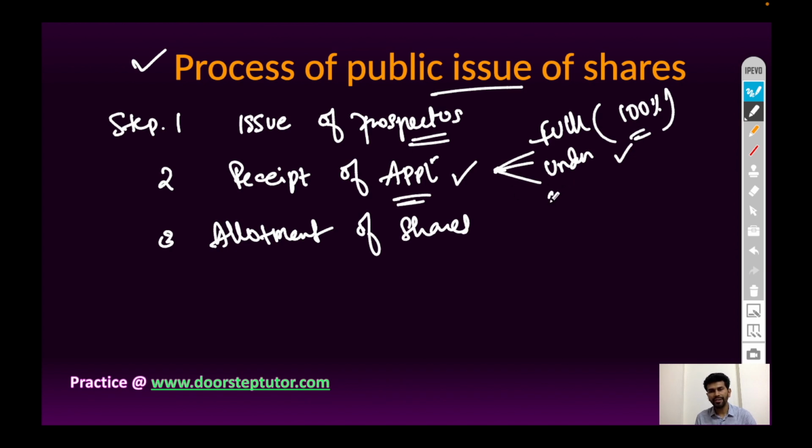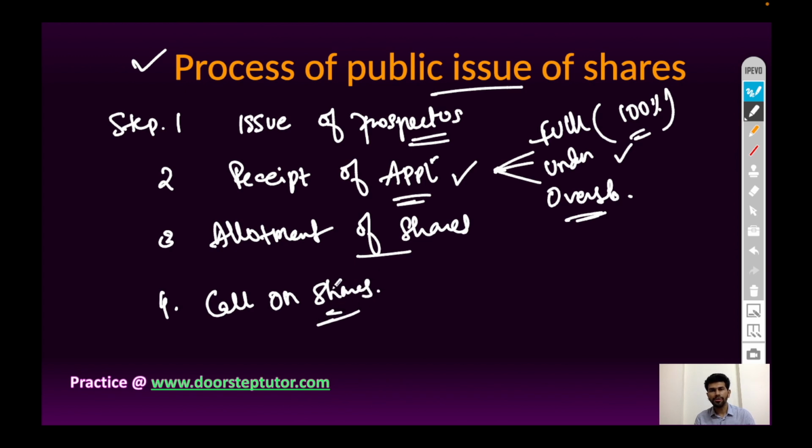And if shares are oversubscribed, in that case the company has two options: either to refund the amount of excessive applicants, or to adjust the money in allotment money and issue shares on a pro rata basis. So, that is allotment of shares, and the last step is call on shares.